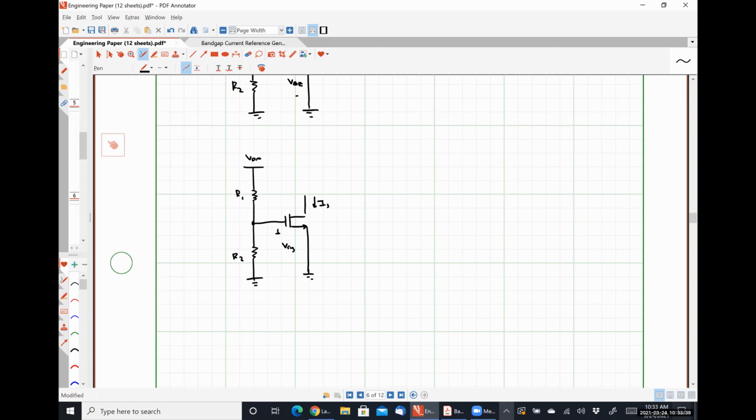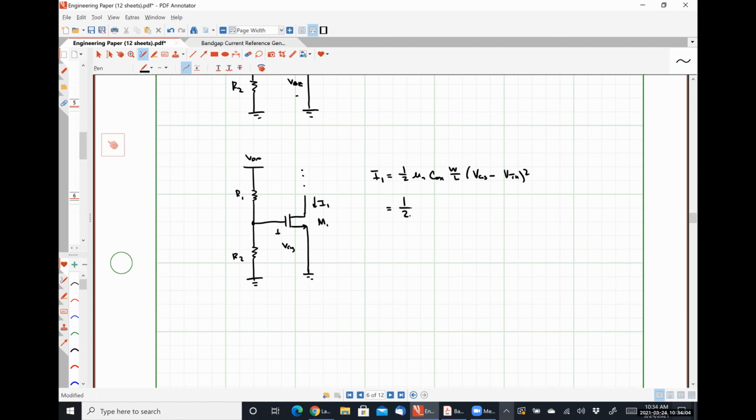Here's our drain current, I1, for transistor M1, and we've got it connected to some sort of load. Assuming we have saturation region operation, I1 is 1/2 mu n Cox W over L, VGS minus VTH quantity squared, where we're neglecting channel modulation.